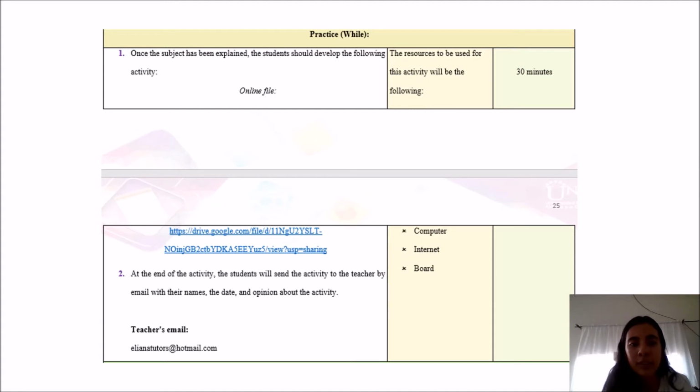In the practice, once the subject has been explained, the students should develop the following activity. That is an online file that is in the Google Drive, and the teacher gives the students a photocopy, or the students can have the opportunity to send it to the teacher's email.